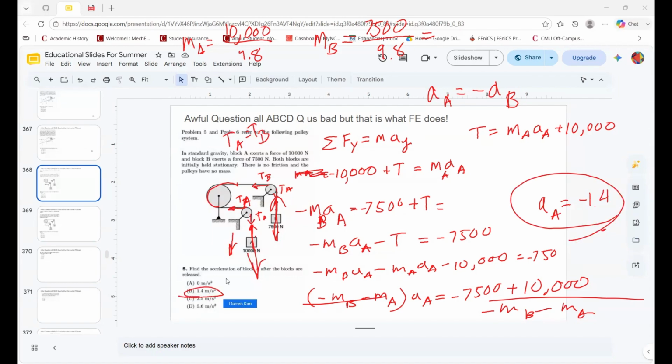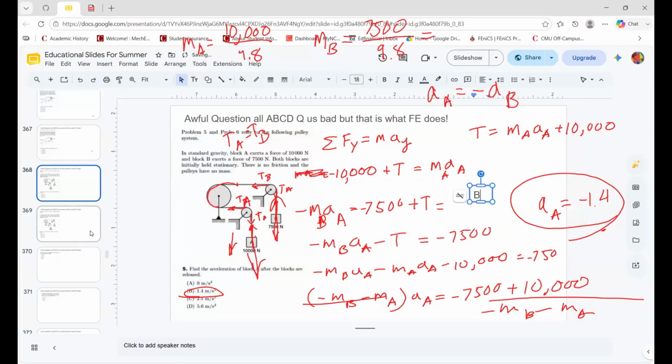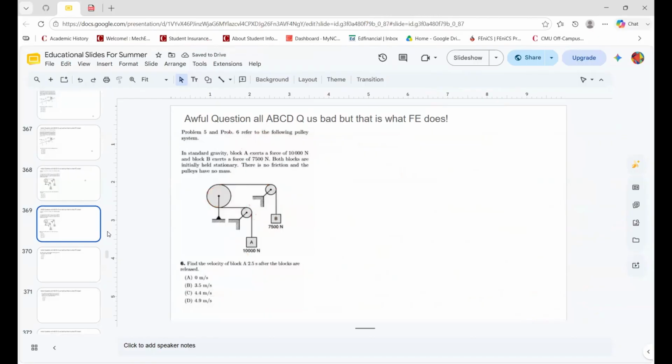I'm assuming it's asking for a different coordinate system usually. So B. Anyways, with that said, find the velocity of the block 2.6 after the block is released, assuming the acceleration is constant, which is 1.4 meters per second downwards. So what is the velocity? V final equals V initial, which is 0, minus, for it's usually plus, right?